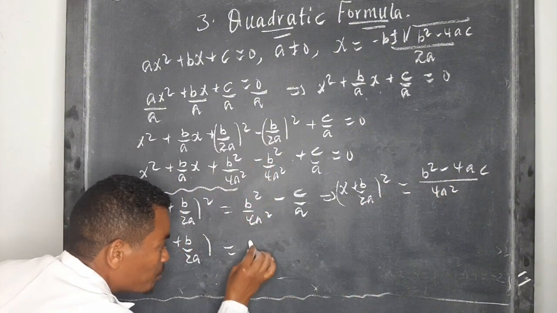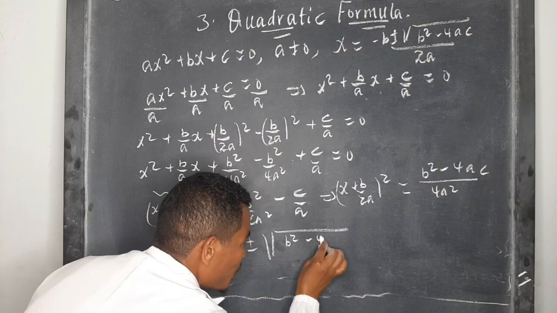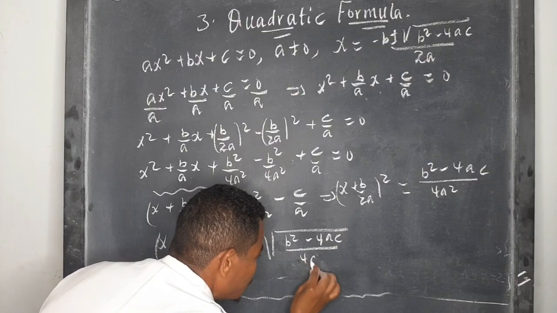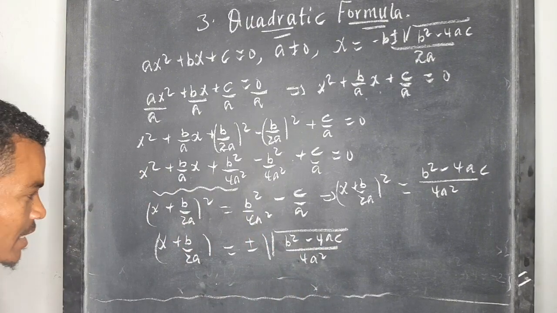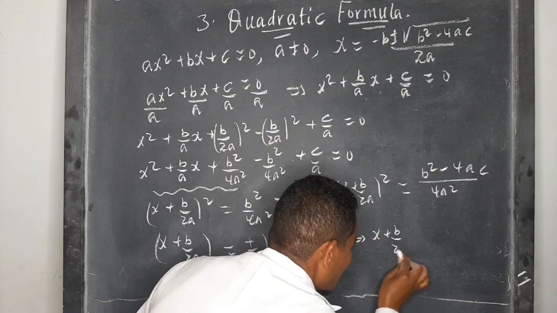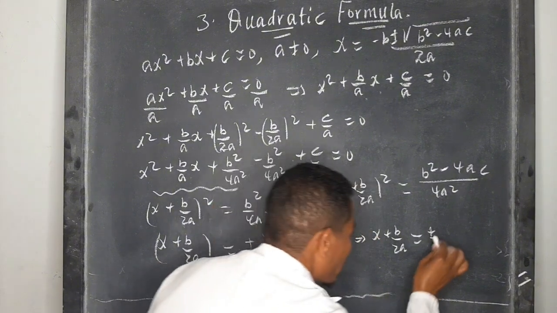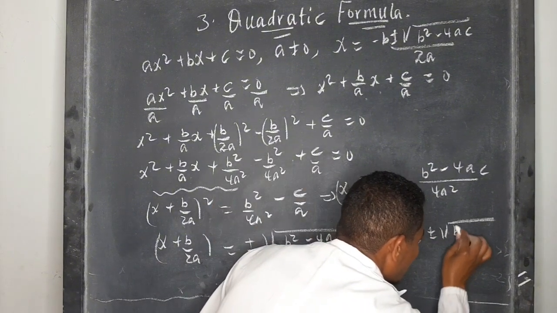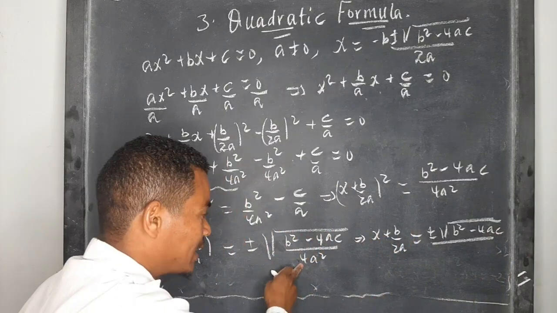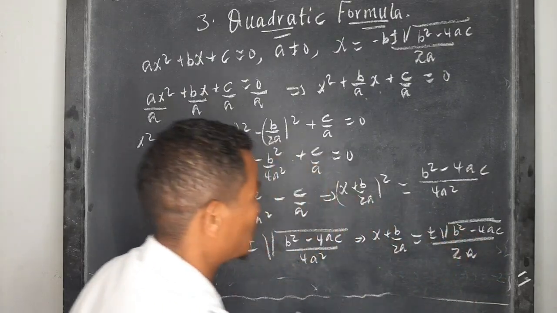Taking the square root, x plus b over 2a is equal to plus or minus square root of b square minus 4ac over 4a square. The square root of 4 is 2, and the square root of a square is a.